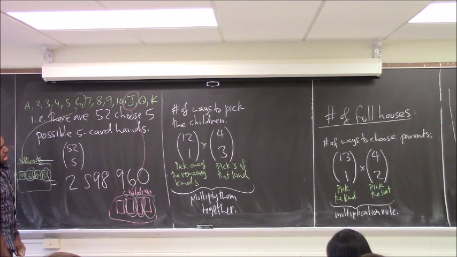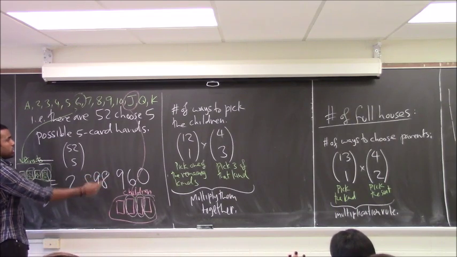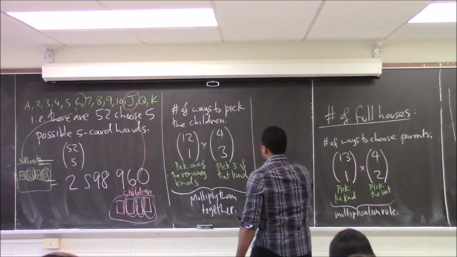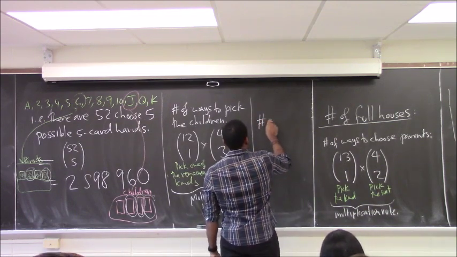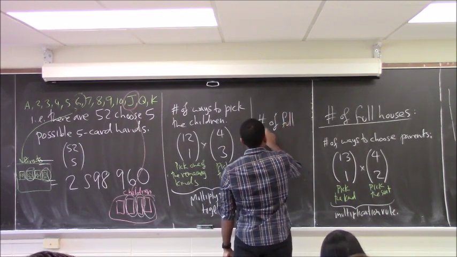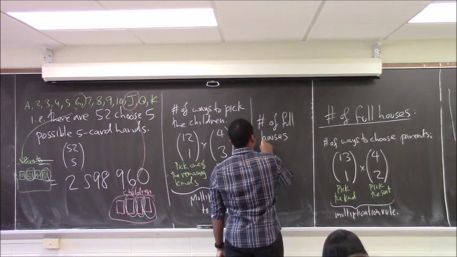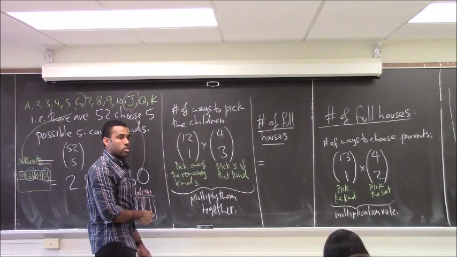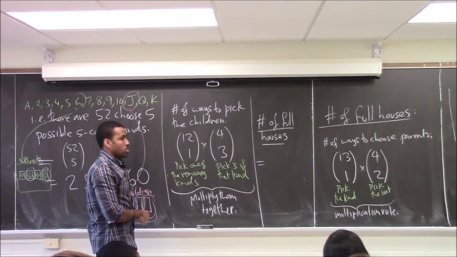So that's how many ways you can choose the parents, and this is how many ways you can choose the children. How many ways to choose a full house? Did you add these together or no? You multiply.